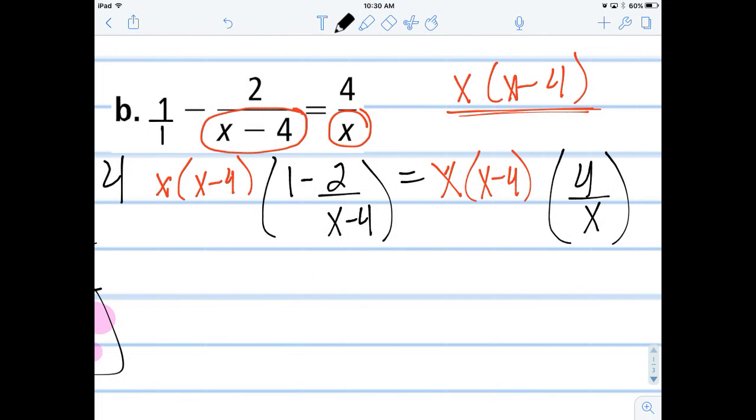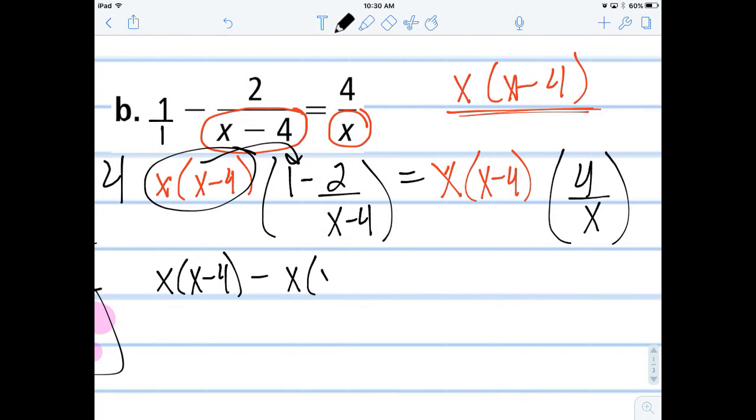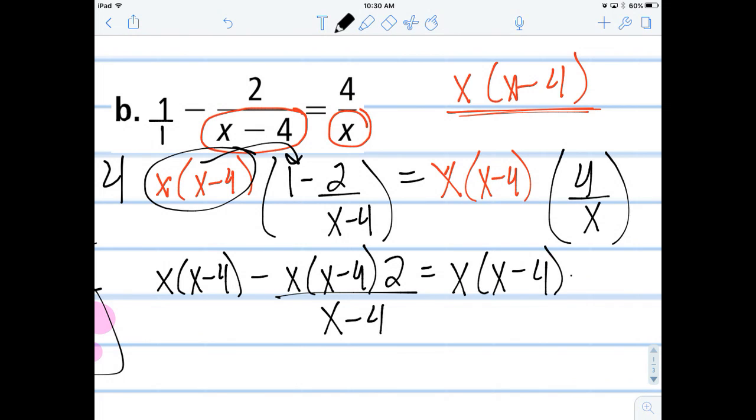Now if we distribute, if I take this whole thing times that, I'm going to have x times x minus 4, so multiplying by 1, minus x minus 4 times 2, all over x minus 4, equals x minus 4 times 4 all over x. Now again, if we do some simplifying, this is over 1, so that won't simplify, but this x minus 4 will divide out to 1.